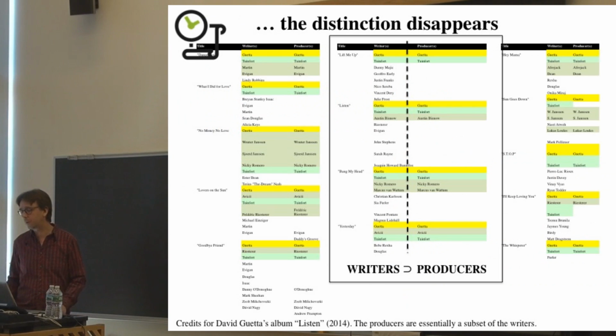This is the credits for the last album from the DJ David Guetta. You can see that the producers, credited as such, are the same guys, or a subset of the music writers, David Guetta being both writer and producer.